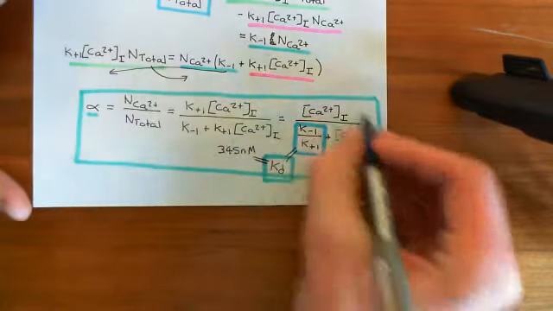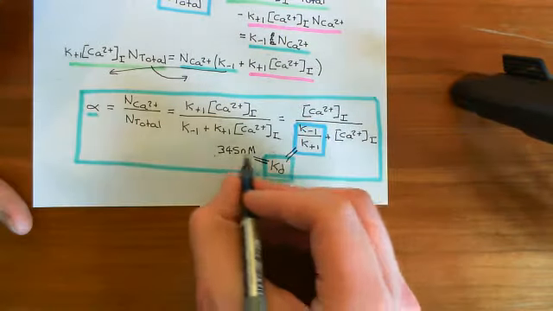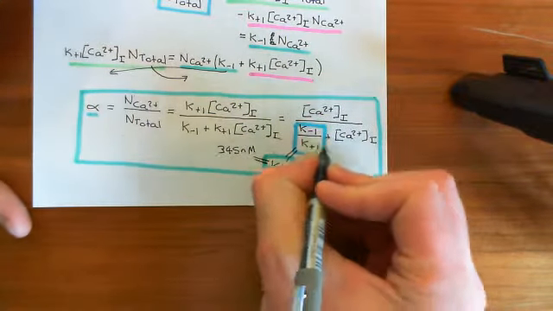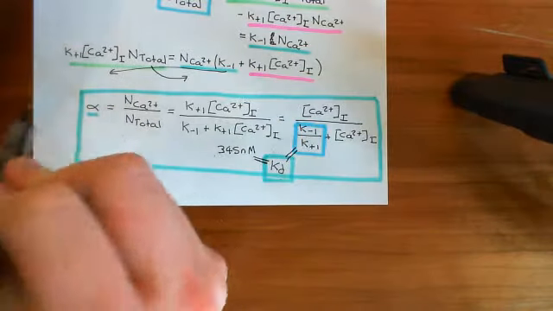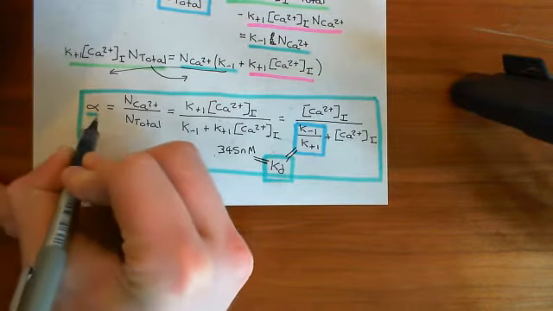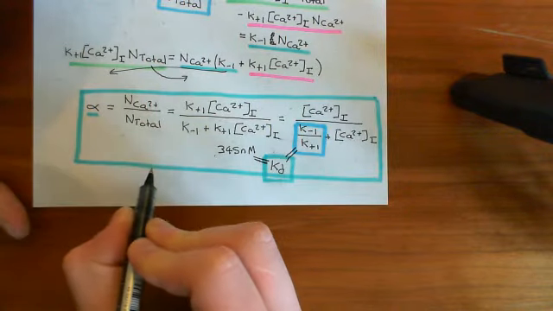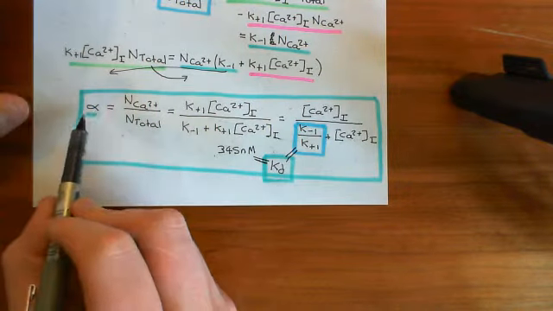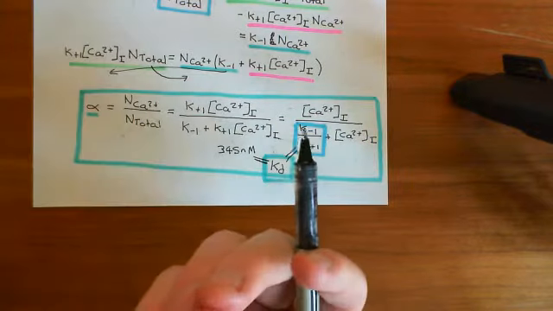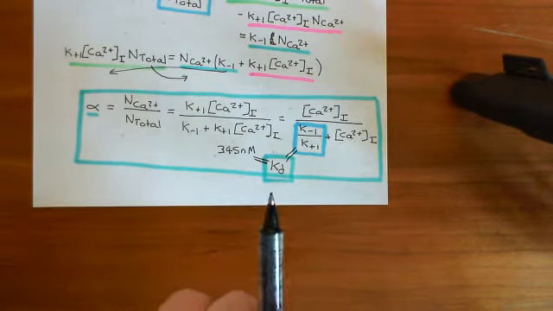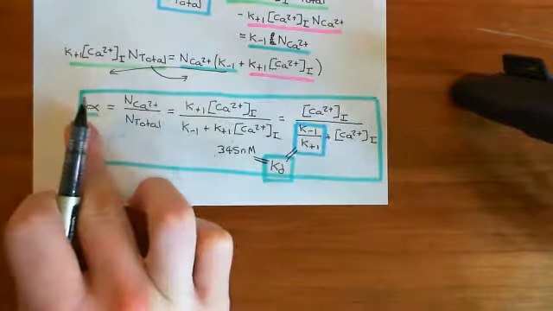I can stick that intracellular calcium concentration into this formula, and it will give me the fraction of Fluo-4 molecules within the cell that will have calcium bound to them. We don't care how many Fluo-4 molecules have actually been loaded into the cell. If you've loaded 10 in, this formula will work.